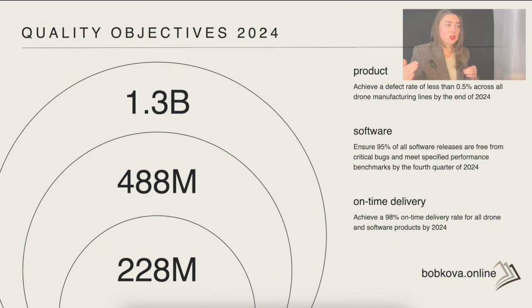So the quality objectives for 2024, for example, are what our company, which does drone production and software development, is planning to do, what is the most important part for us from a quality management system perspective in 2024. It's related to the product, software, and on-time delivery.